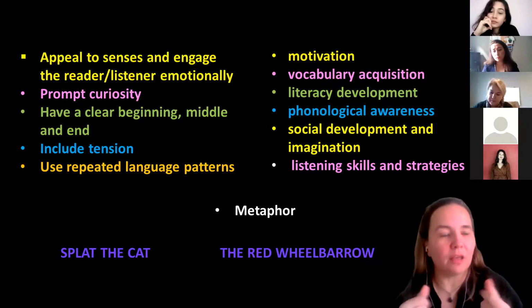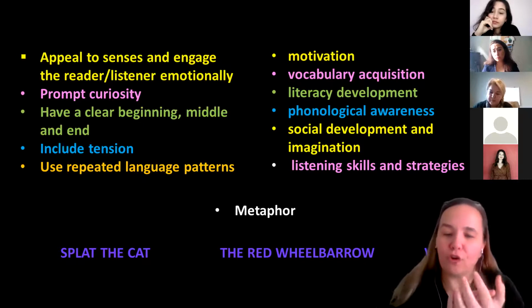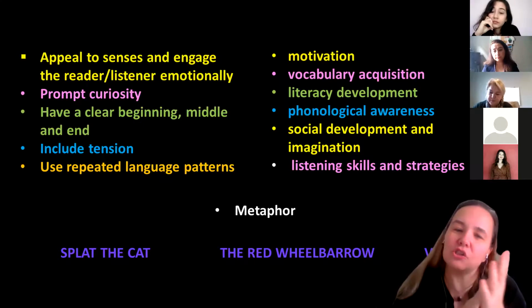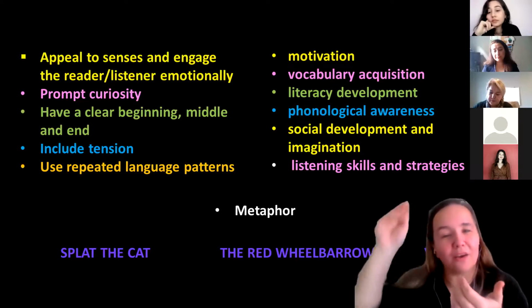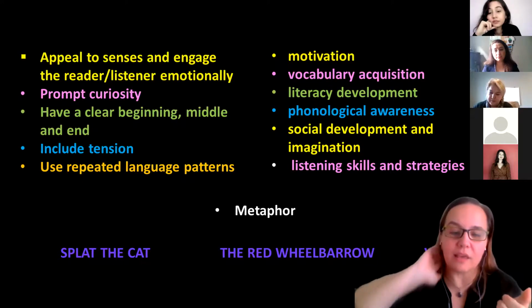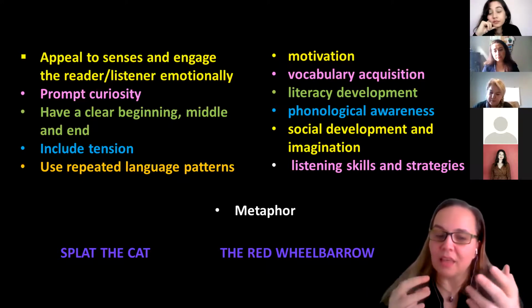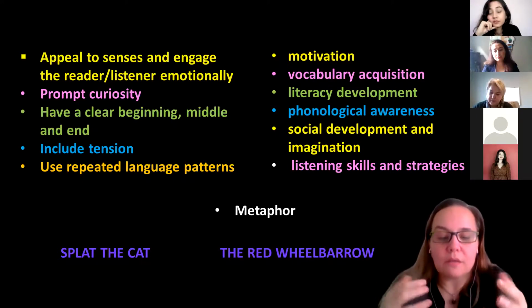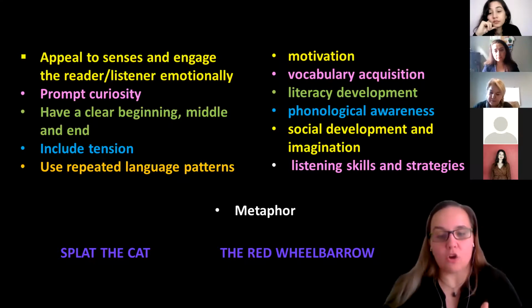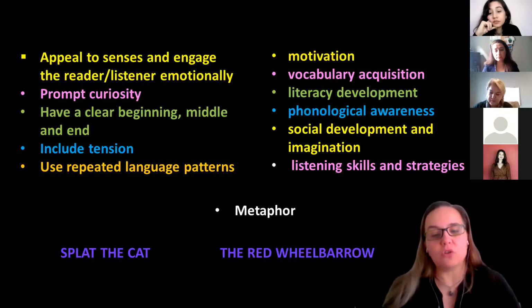Maybe you can provide soft fur in their hands while you're telling the story, so that they can actually feel the splat, or they can feel the mice, or they can talk about what school means for them, because this is based on conventional schools.